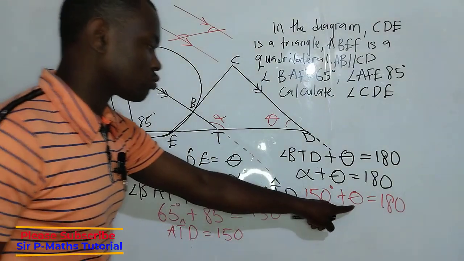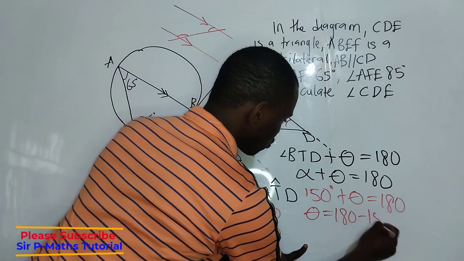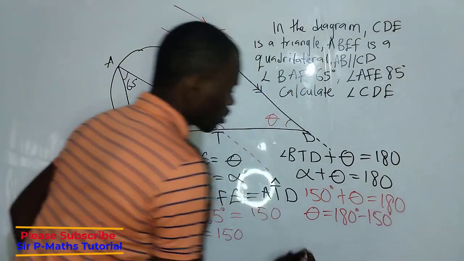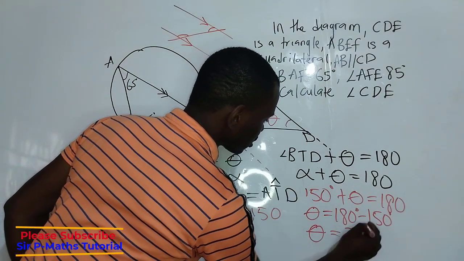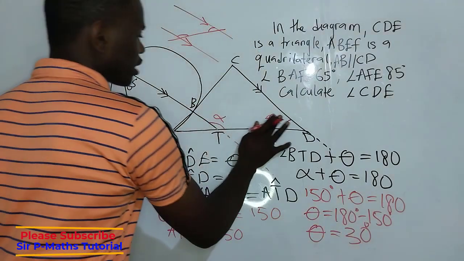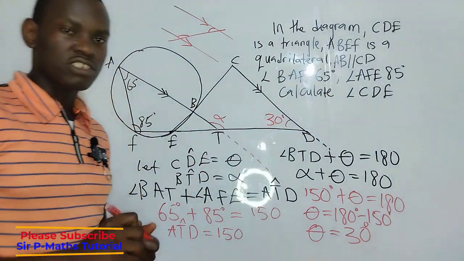Then from there, we move on to make theta the subject of formula. That is 180 subtract 150 degrees. If I subtract, I'll have my theta to be equal to 30 degrees. So the angle at this position is 30 degrees. All right, and that is the solution.